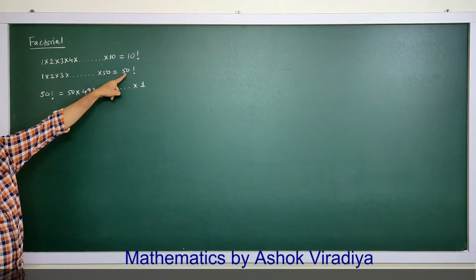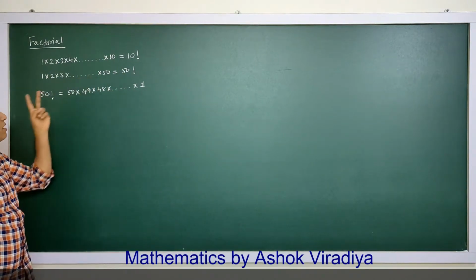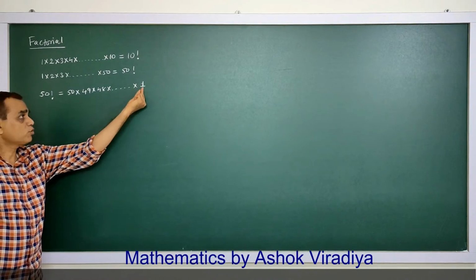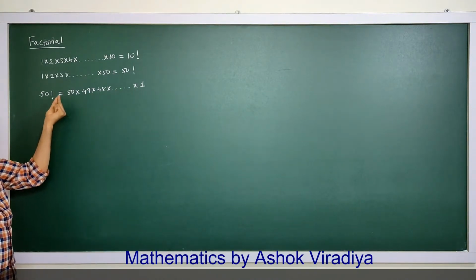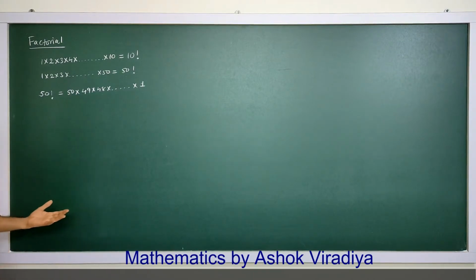So 50 factorial is the product of first 50 natural numbers. Statement I have written in a different way.